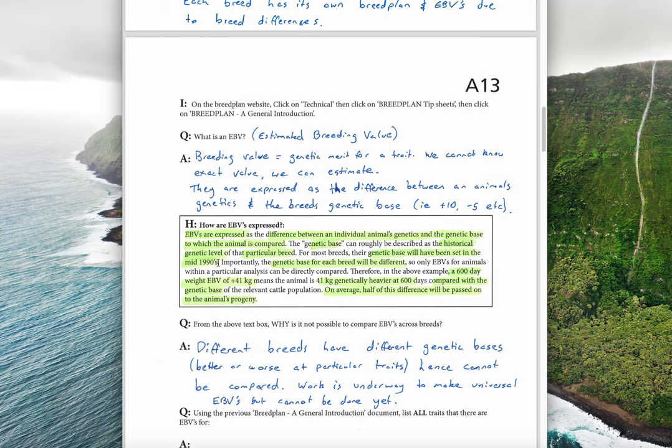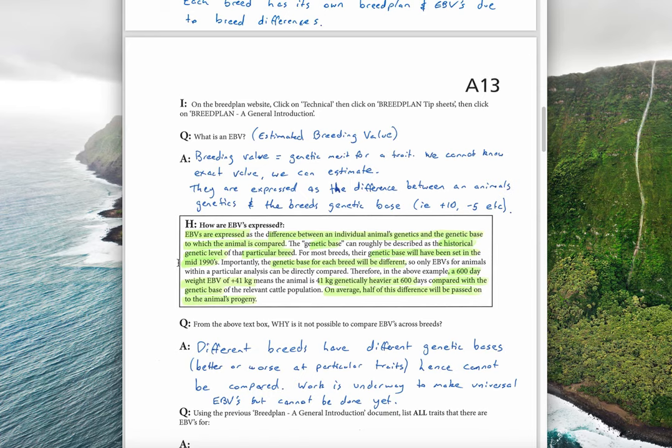So what they did in the mid-1990s is they set that as the 0 point or the base. They said that 25 litres is now 0. So a cow that produces 25 litres is considered 0. Their EBV for milking volume will be 0.